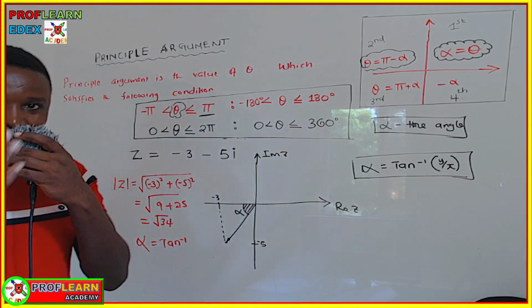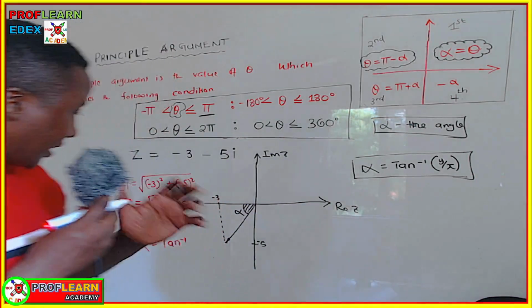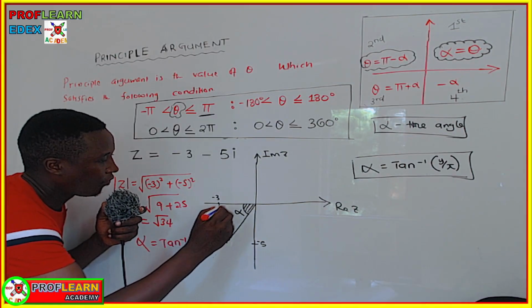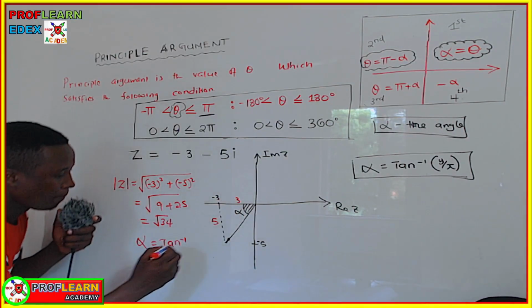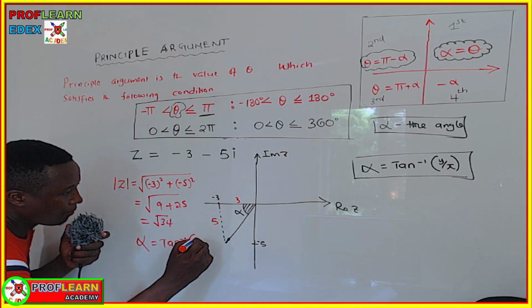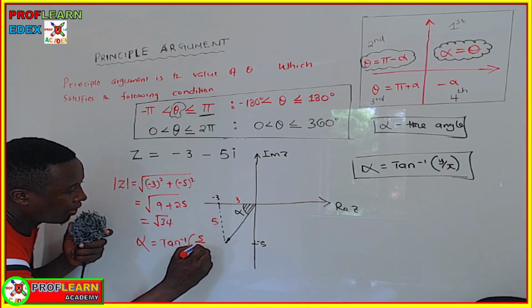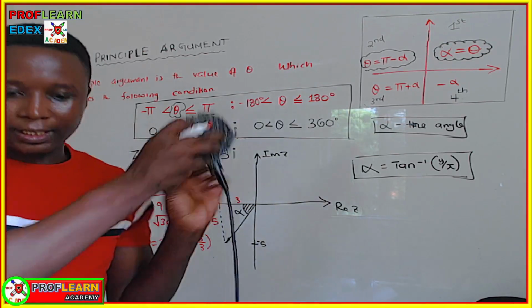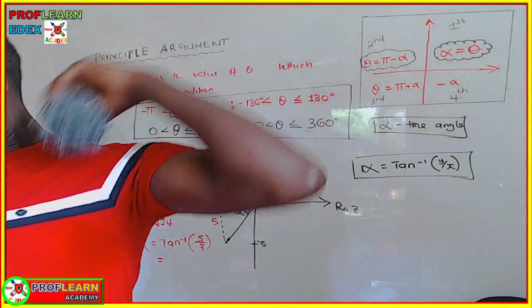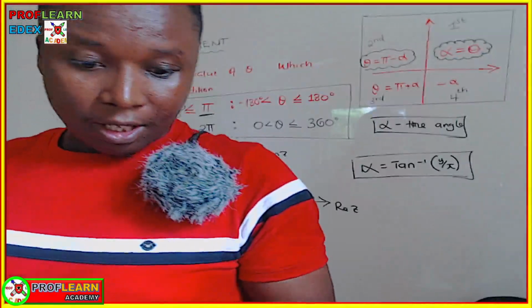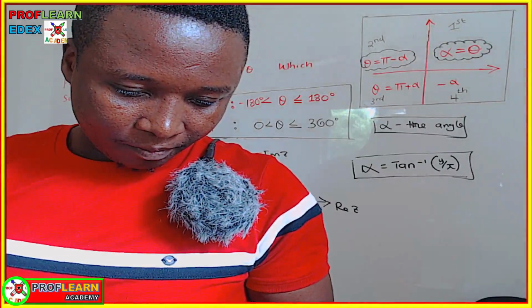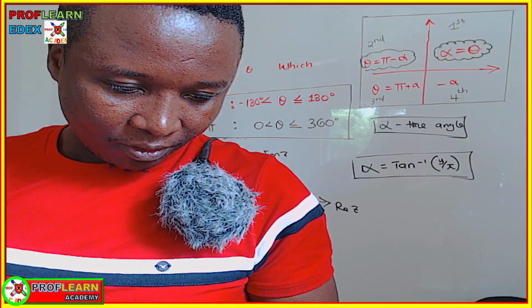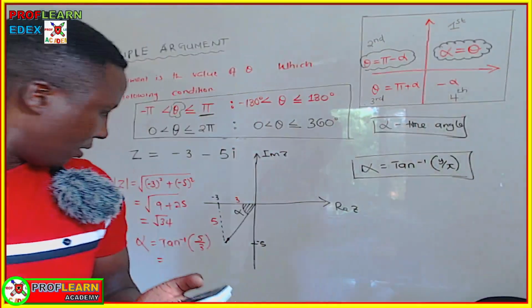I've just told you, you can ignore the negative, because this is actually going to be 5 and this is going to be 3. So 5 over 3. If I work it out using a calculator in radians, shift tan inverse of 5 over 3.